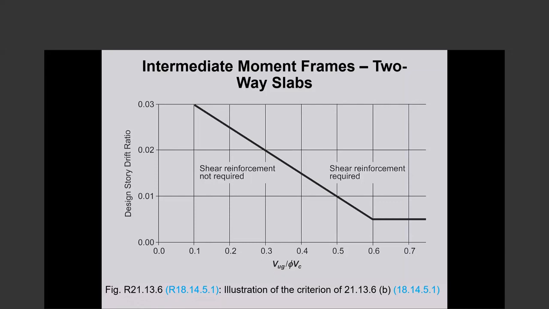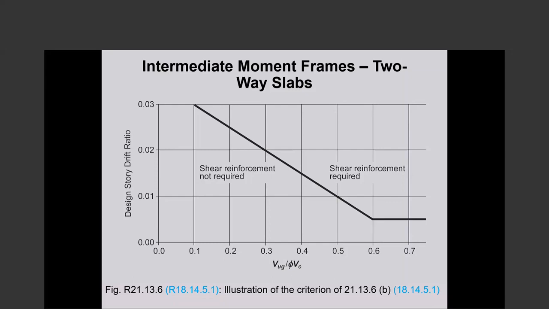I'm telling you, if you go through the various slide sets, the notation is not consistent because that would be a pretty prohibitive undertaking. Anyway, on the x-axis is shear caused by gravity divided by the punching shear that concrete alone can carry, phi times V sub c.